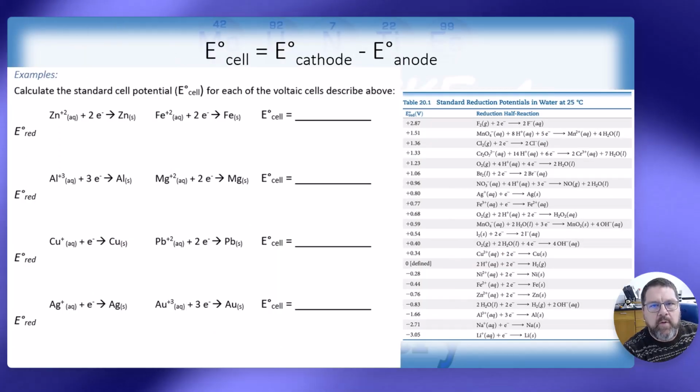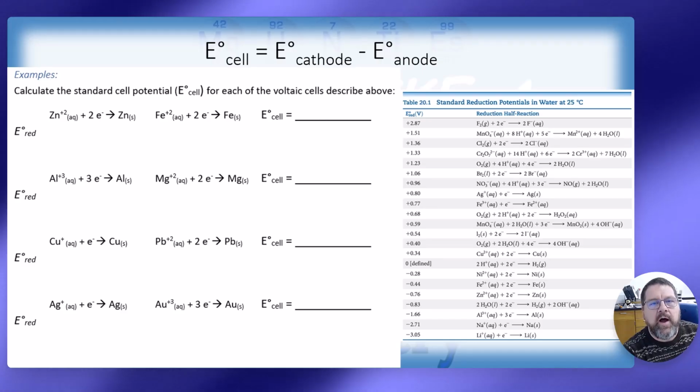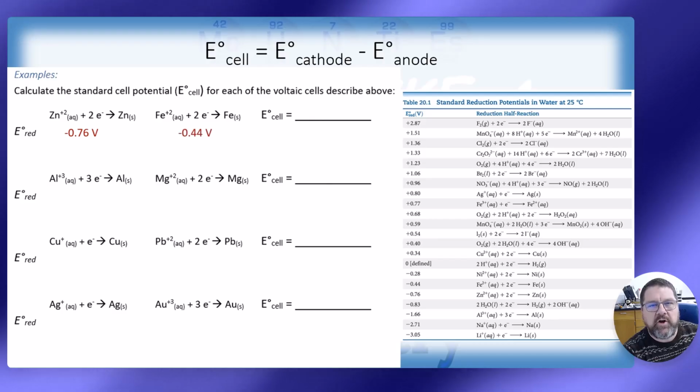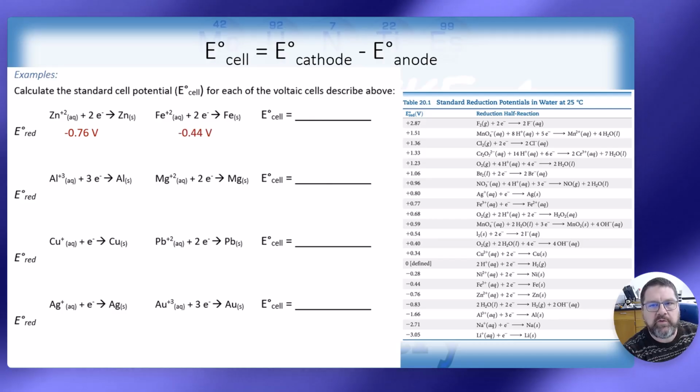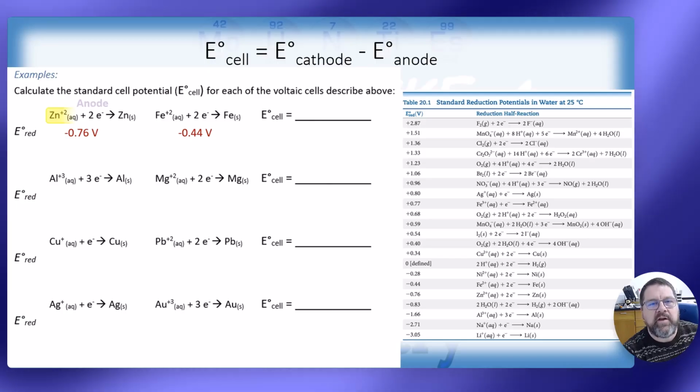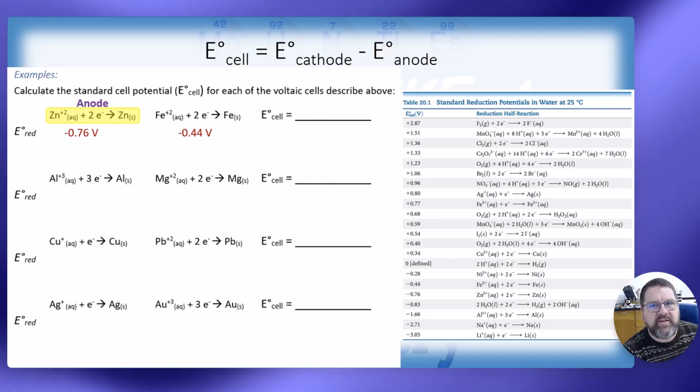And so keeping that in mind, we're looking at the same pairs of half reactions. We indicated that zinc had a standard reduction potential of negative 0.76 volts. Iron was negative 0.44 volts. So the more negative is going to be the one that's serving as the anode, so that's the zinc.